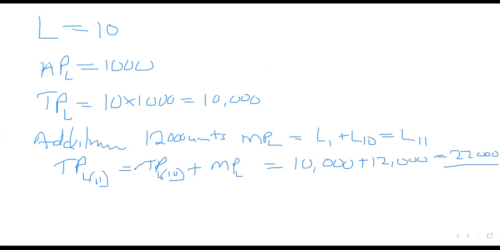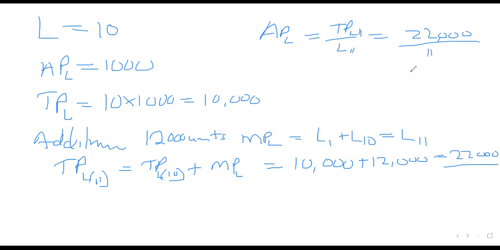So this is the total product for 11 laborers. Now, what is the new average for the 11? Remember, the formula for average product of labor is simply the total product of labor divided by what? The number of laborers. So here the total for the 11 is 22,000, and how many are they? 11.